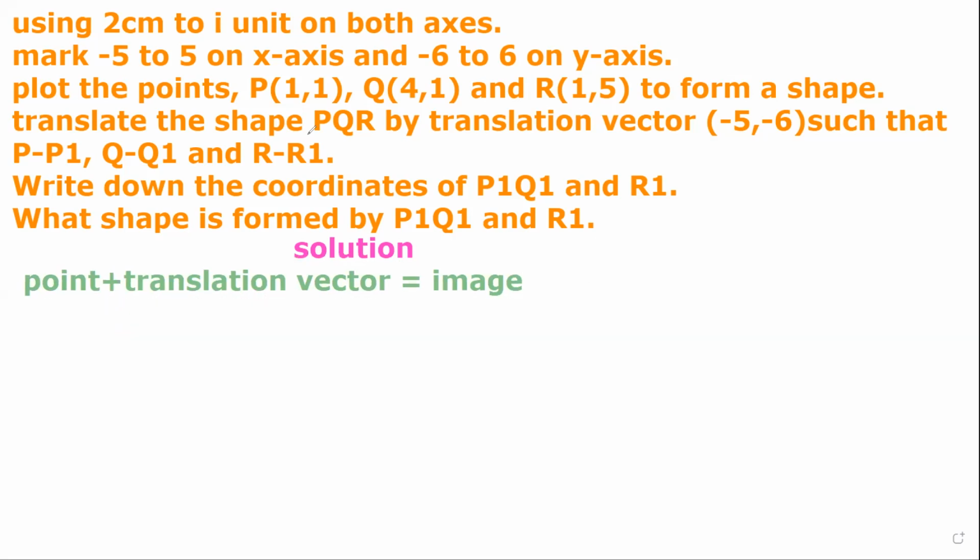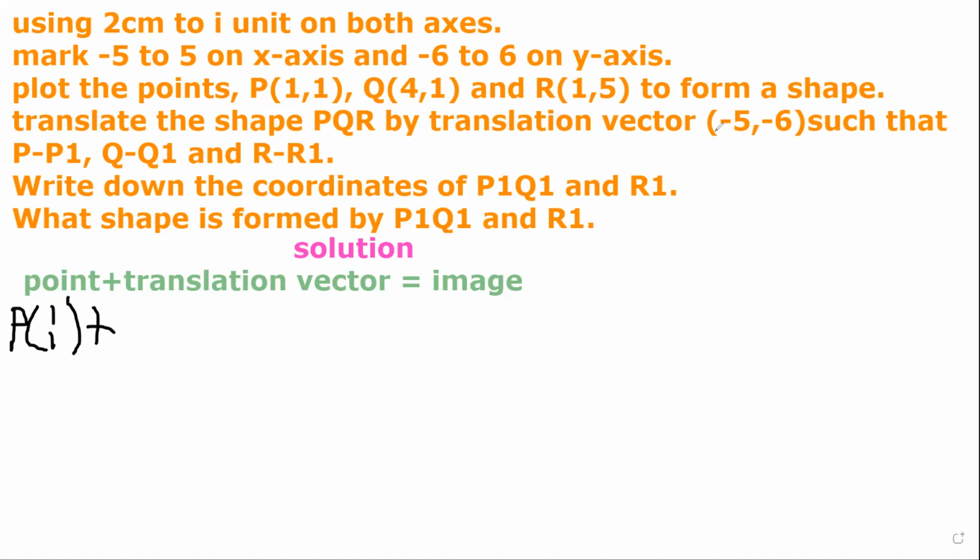Now, when you take point P, point P is what? 1 and 1. And point P will be added to what? The translation vector.